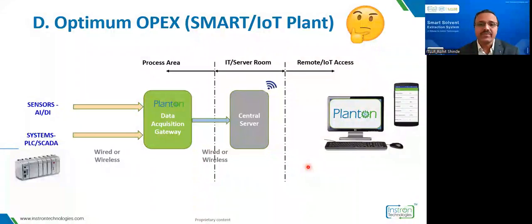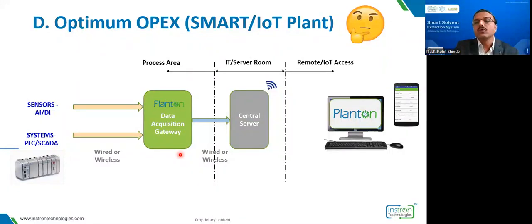To achieve this smart feature, Instron Technologies has developed a software called Planton software. In this software, we collect all the data from the different sensors, PLC, SCADA, even from third-party PLC. We collect all the data in a data acquisition gateway, which is proprietary to Instron Technologies.